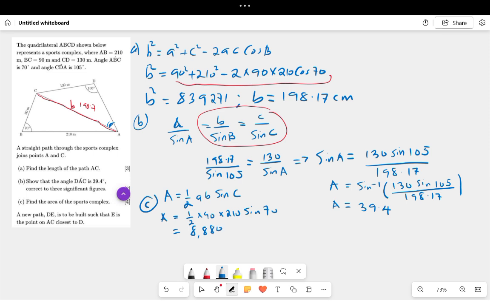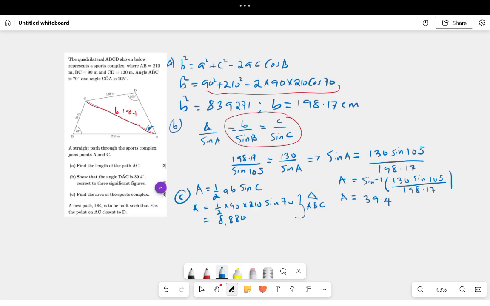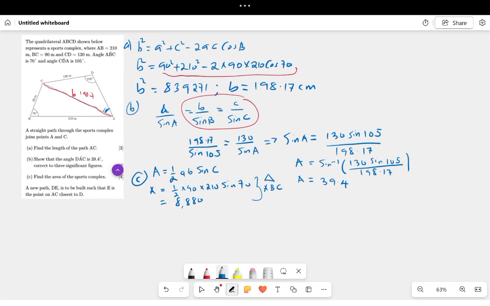So this is the area of triangle ABC. Now triangle ADC.